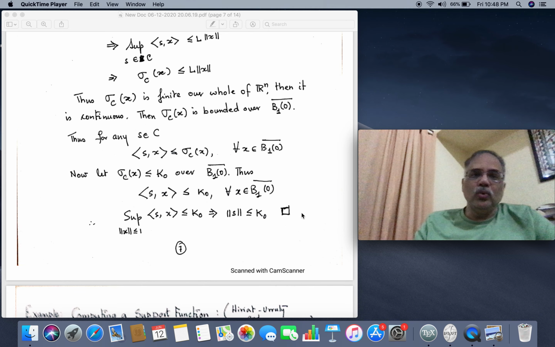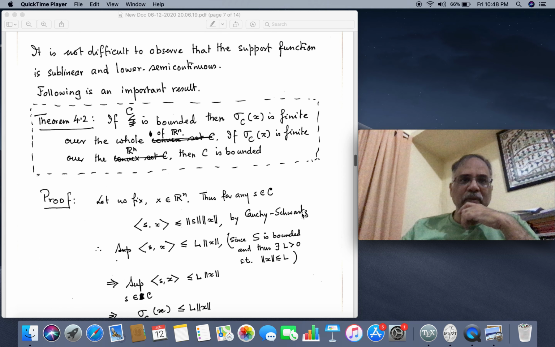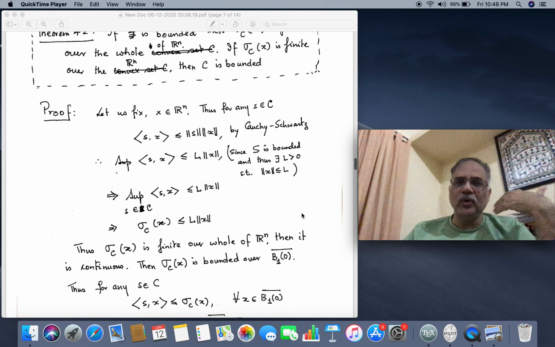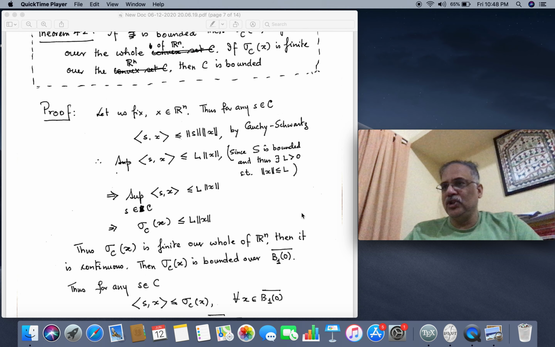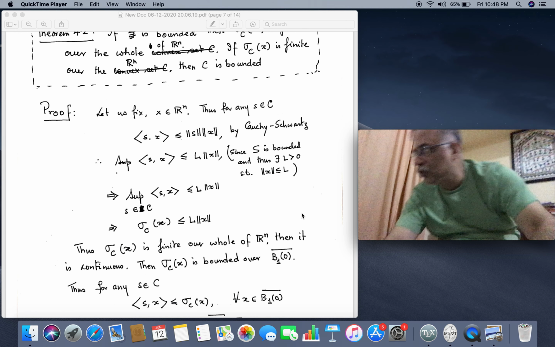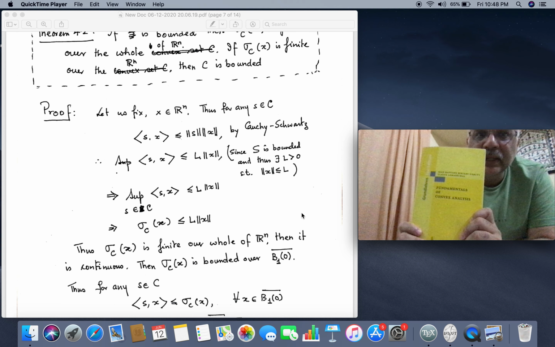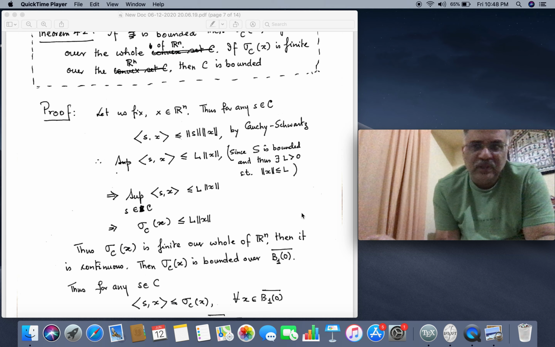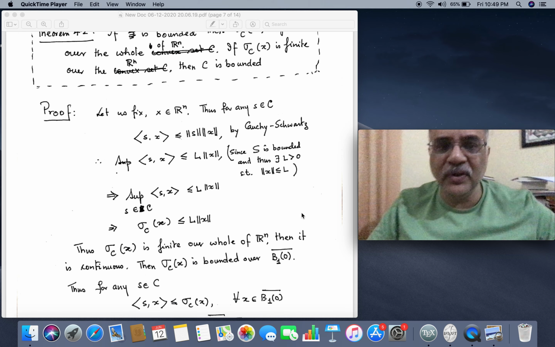Those who know it can observe the proof, given by Hiriart-Urruty and Lemaréchal in their famous book Fundamentals of Convex Analysis, which I can show you if you want. This is the book, but you may skip the proof, because it needs a little bit of ideas of norms in functional analysis.